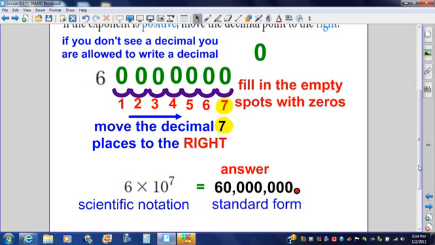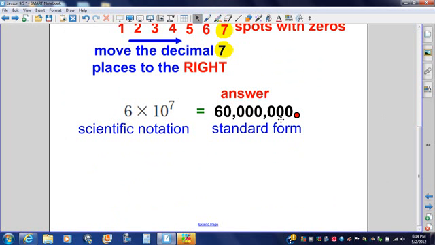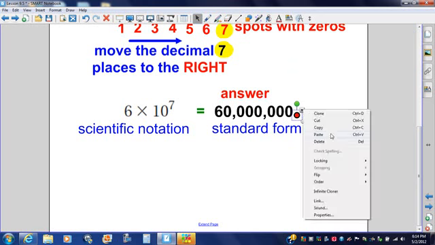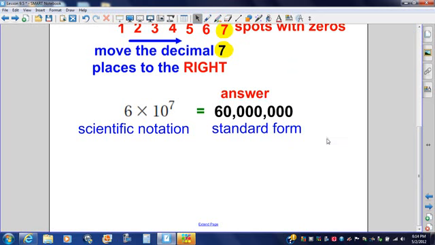You might say, but Mr. Phillips, why didn't you put a decimal here at the end? Once my decimal is all the way to the right and I don't have any numbers behind it, I really don't need a decimal anymore. You can tell it to disappear. Scientific notation, standard form, they are equivalent. This is not bigger, this is not smaller. They are equal. Very good.